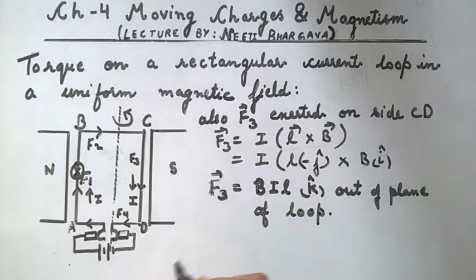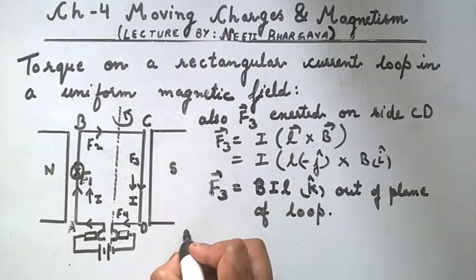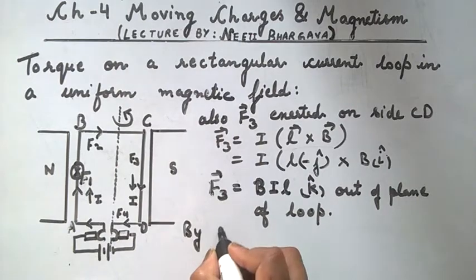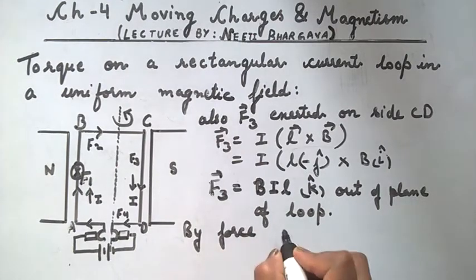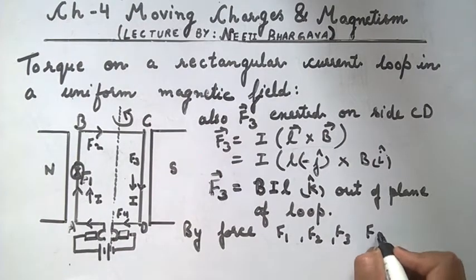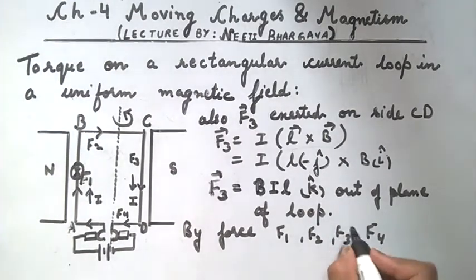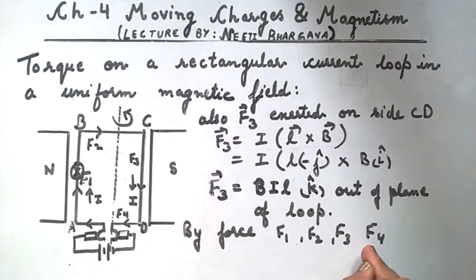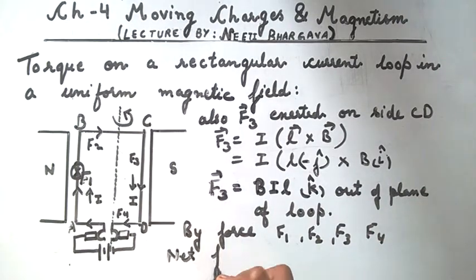Thus, by forces F1, F2, F3 and F4, we have seen that F2 and F4 are zero and F1 and F3 are equal in magnitude and opposite in direction. Therefore, the net force on the loop is zero.